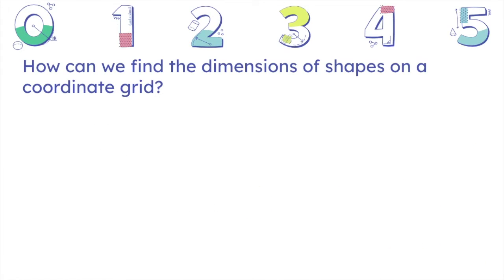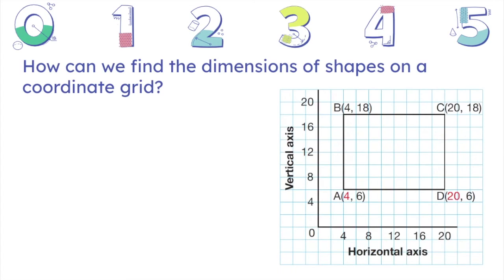So how can we find the dimensions of shapes on a coordinate grid? Well, remember that the first coordinate of an ordered pair tells you how far you move right. So we can find the horizontal distance between A and D by looking at the first number in both ordered pairs, because that's telling us how far we move right on the horizontal axis.